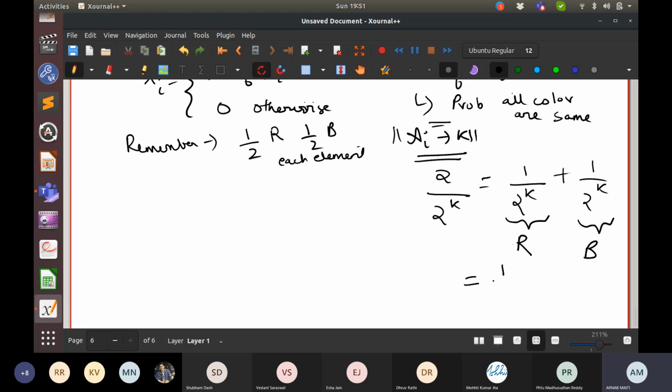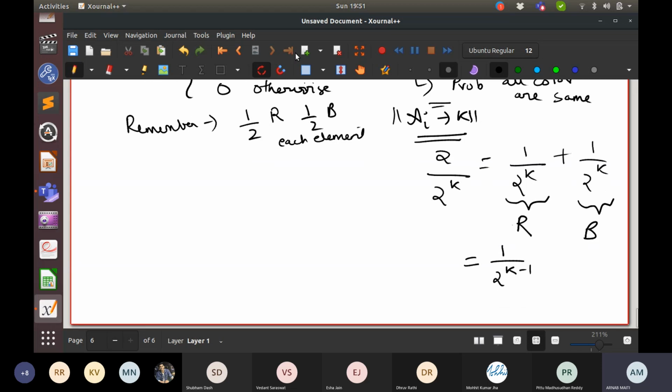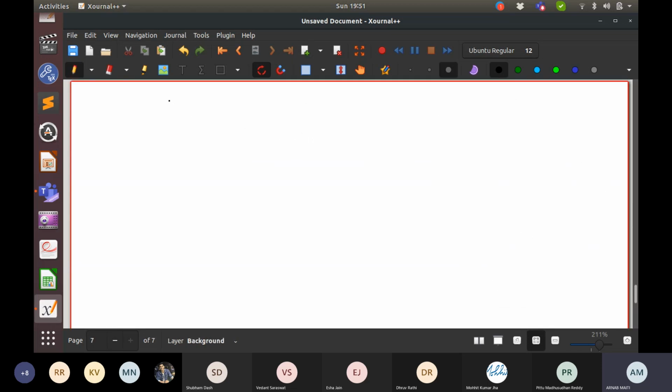Hence we have 1 by 2 to the power k minus 1. So we get the expectation of xi is 1 by 2 to the power k minus 1 for all i less than or equal to L.